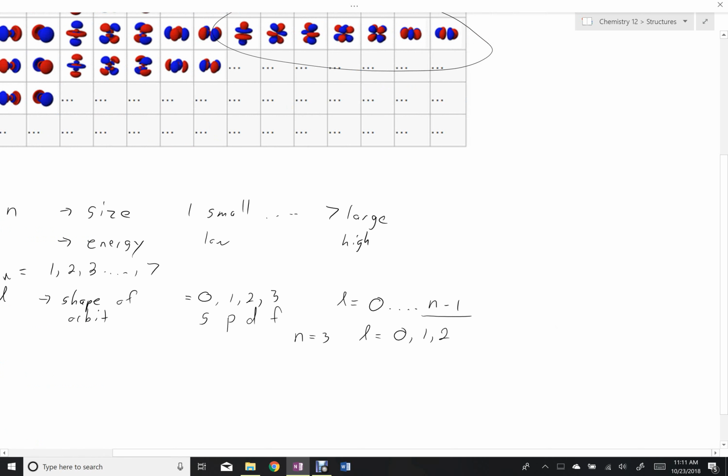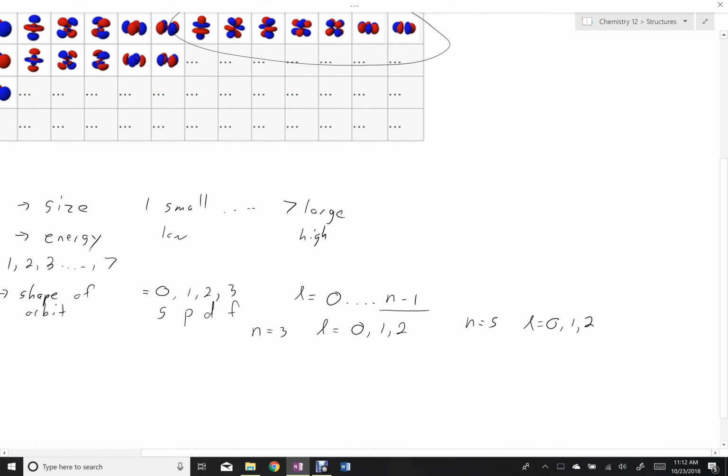If n was 5, then L would be able to be 0, 1, 2, 3, and even mathematically 4, even though there aren't any elements that go up to that level, and so we don't include it.